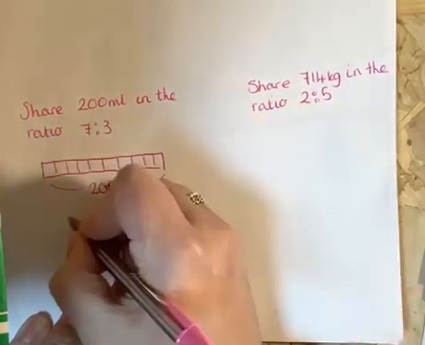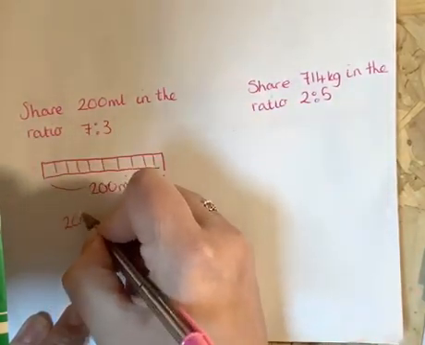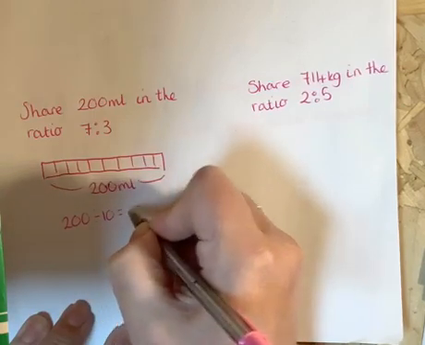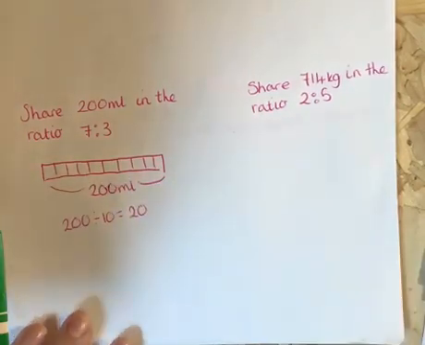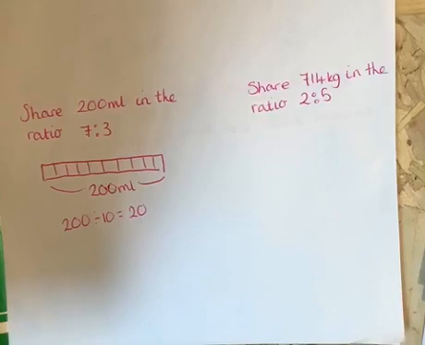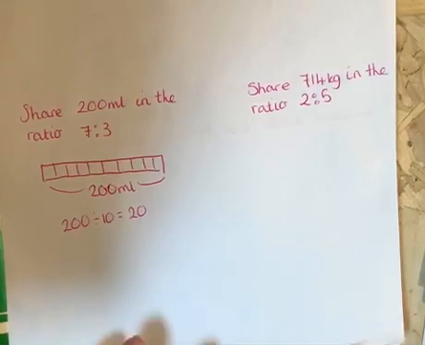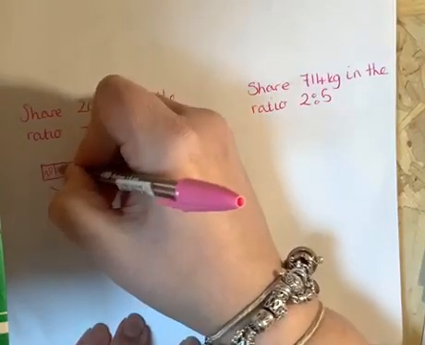And again, 200 divided by 10, again, it's 20. It's completely by accident that my examples are all 20. They're not always going to be 20. So we've got 20 in each box.